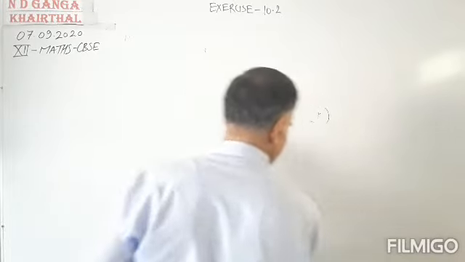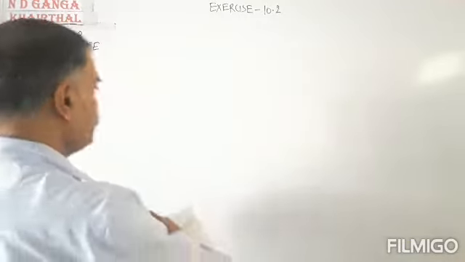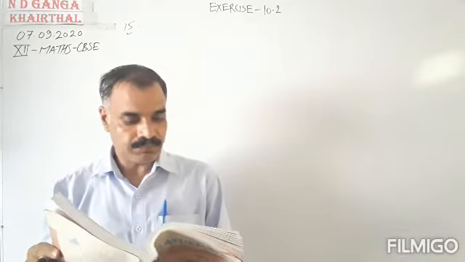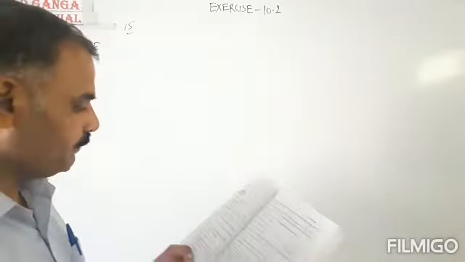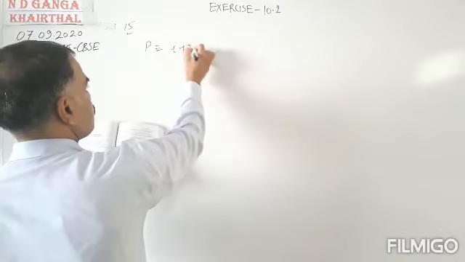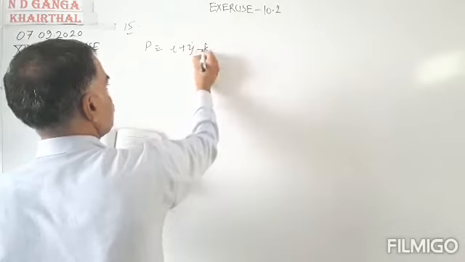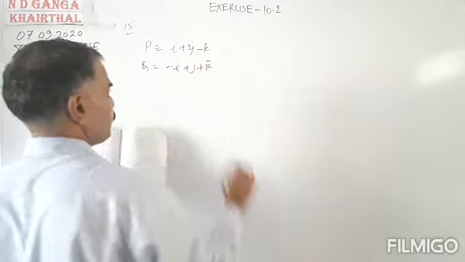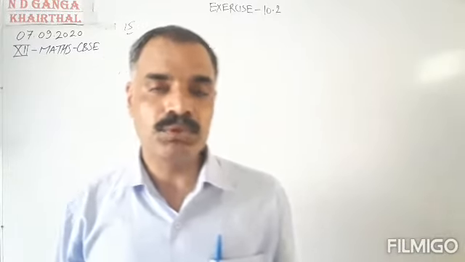Question number 15 is to find the position vector of a point R which divides the line joining two points P and Q. P is i cap plus 2j cap minus k cap and Q is given as minus i cap plus j cap plus k cap. Okay, so P and Q, two points are given, which means the position vectors of two points are given.